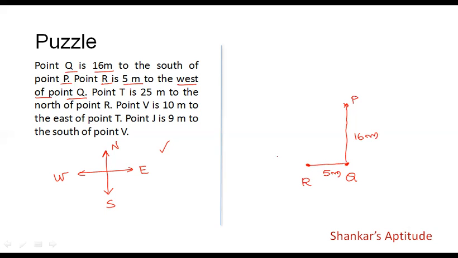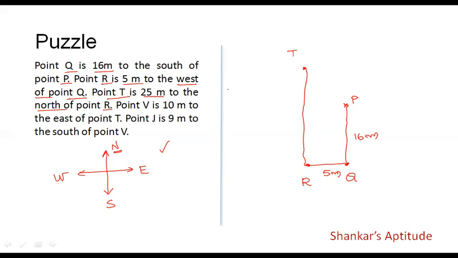Now, it is given point T is 25 meters to the north of point R. So point R is located here. Point T should be located to the north of point R. We can see north is in this direction, so we can draw a straight line like this that joins R and T. We can see that T is located to the north of point R. The distance is 25 meters.